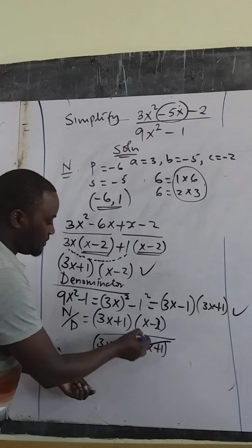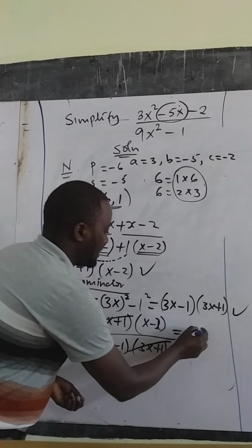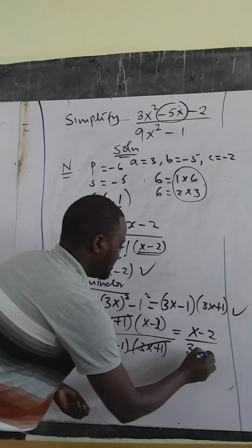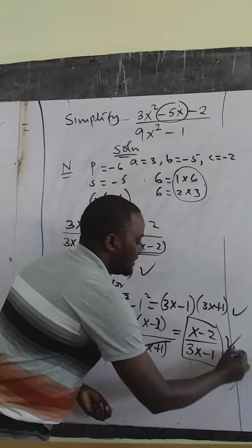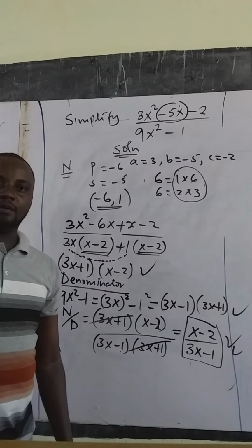This one will cancel with this one, and we will be left with x minus 2 over 3x minus 1. And this is the solution.